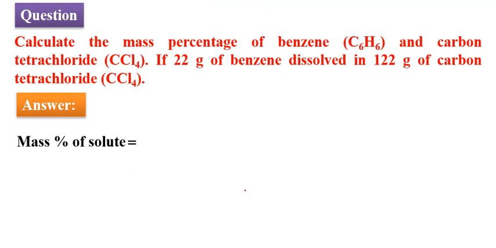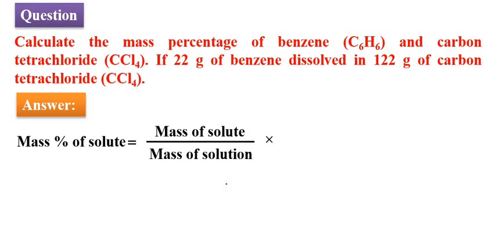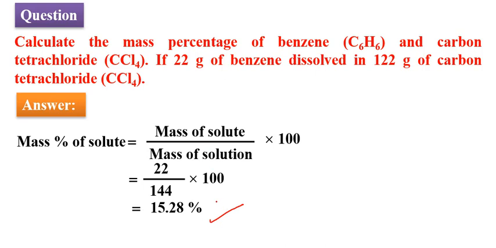Then you write the formula and substitute the values here. Mass of solute, how much? 22. Mass of solution 144, into 100. If you solve this, you will get around 15.28%. Everyone, you understood? The formula is important. Solute, of course, is the less quantity.